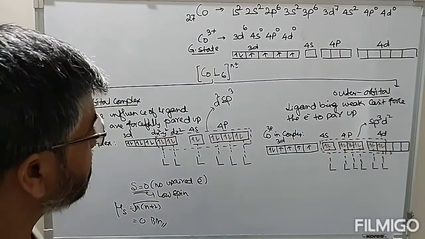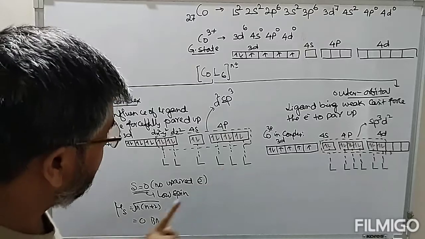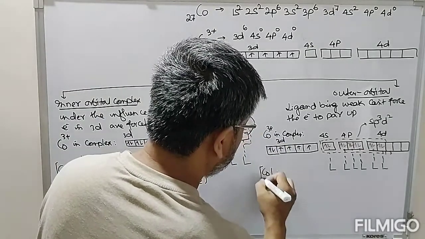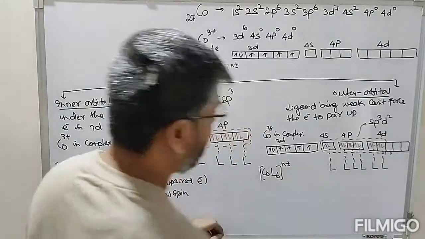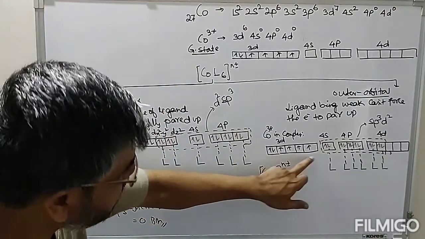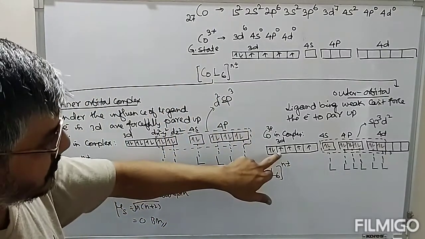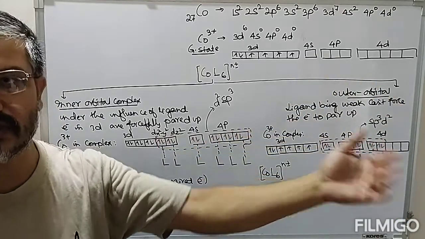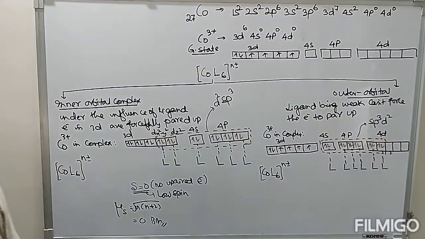So if you look at this, the metal ion in this complex has got some unpaired electrons. Due to the presence of these unpaired electrons, we say this is high spin. The resultant spin quantum number is high.